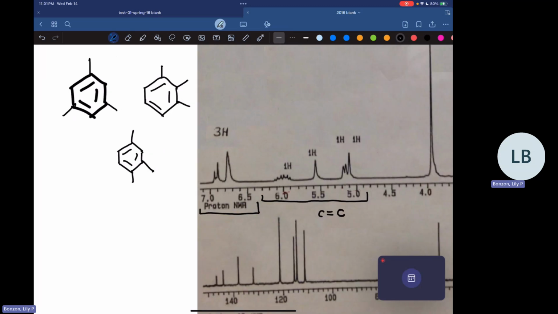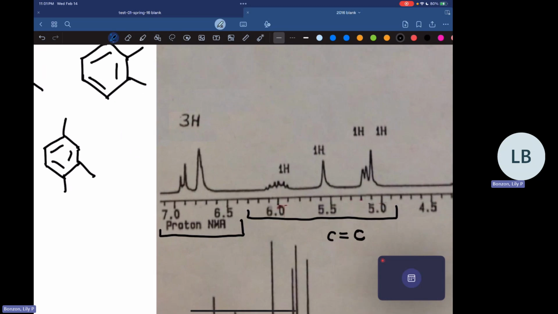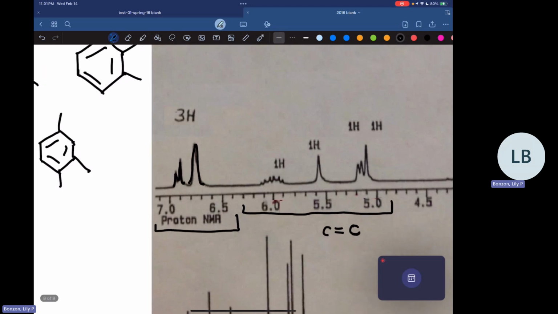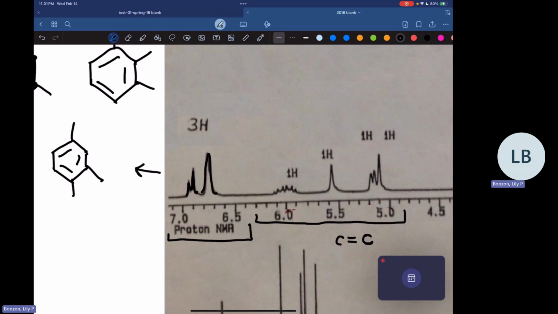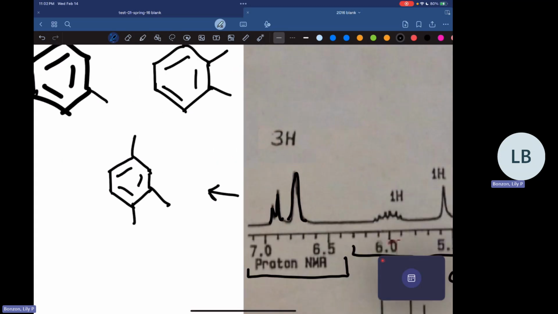And so when I look at this benzene region, these proton peaks, I see that it's very asymmetrical. We've got a little doublet here and a singlet. That's going to hint towards this more awkward asymmetrical distribution. So we might have 1 hydrogen here, 1 hydrogen here, and 1 hydrogen here. This hydrogen over here does not have any neighbors, so it could be this peak right here. And then these 2 hydrogens are going to be splitting each other, so that could be that little doublet peak that we have there.